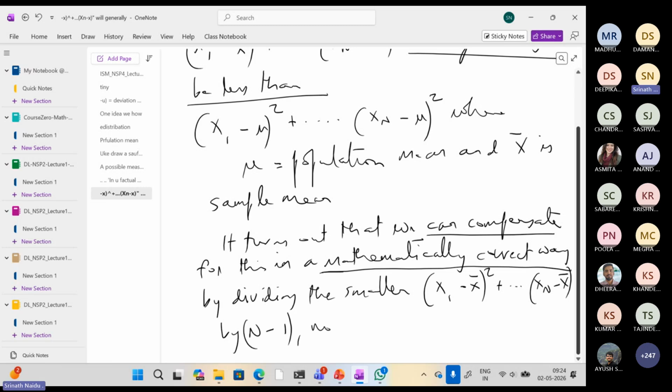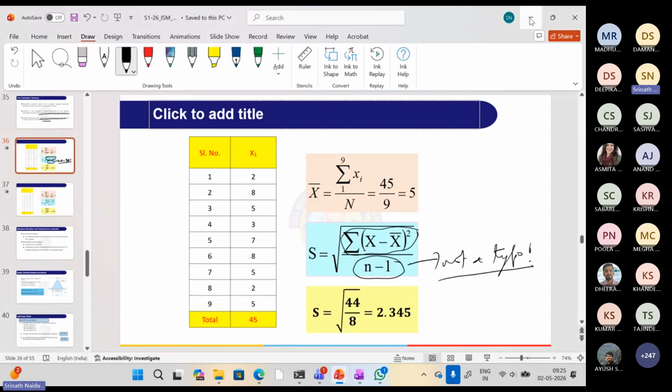So we're dividing by a smaller number, n minus 1. Okay, not n. And when we do that, magically, there's a compensation that's happening. The calculation does not have any bias. But to understand the notion of bias, I have to talk about expectations, which is yet to come in this course. So it's not a typo, basically.